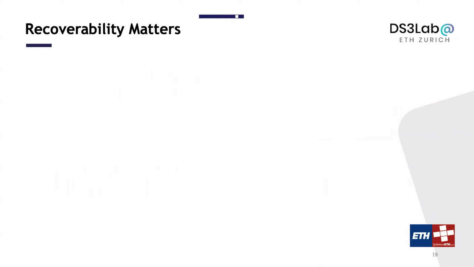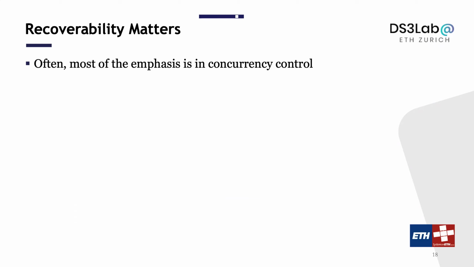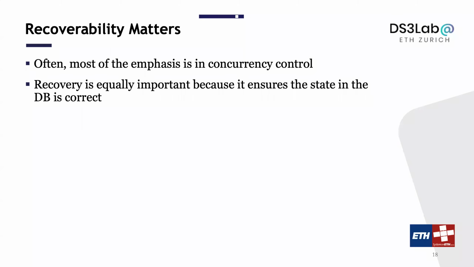Recoverability is something that, if you look at traditional database theory, look at those papers, or talk to people about transactions, isolation is always the first thing that comes to everyone's mind. I want to make sure parallel execution is correct. But recoverability is at least equally important, because it ensures the state of the database is correct when there are failures.